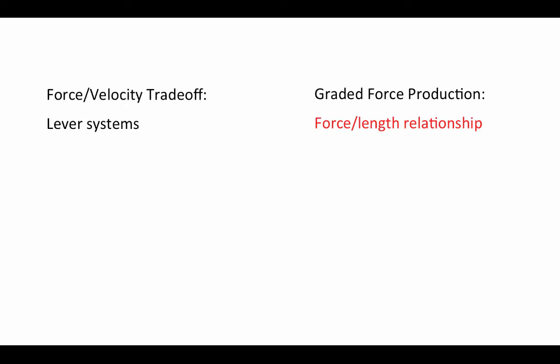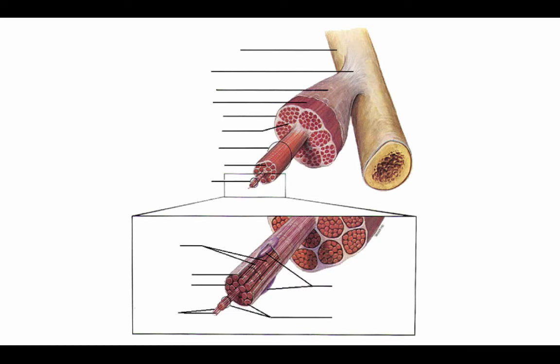Before we go into the force-length relationship and the kind of experiments that were done to elucidate this relationship, it's important to know the overall architecture, the basic construction of this organ called a muscle. We're going to start way down at the very smallest scale with these myofilaments.